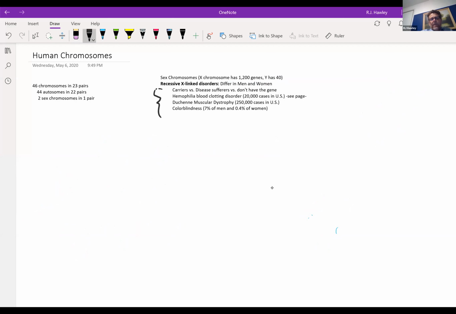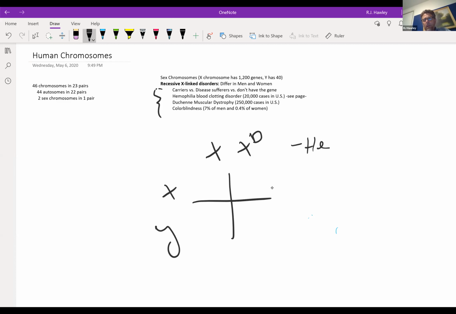What frequently happens here is if mom is XX and dad is XY, let's say mom has a diseased X chromosome, right? So we'll put a D here for disorder. If mom has a diseased X chromosome that she got from either her mom or her dad, so it's a bad set of instructions, mom can be healthy, right?